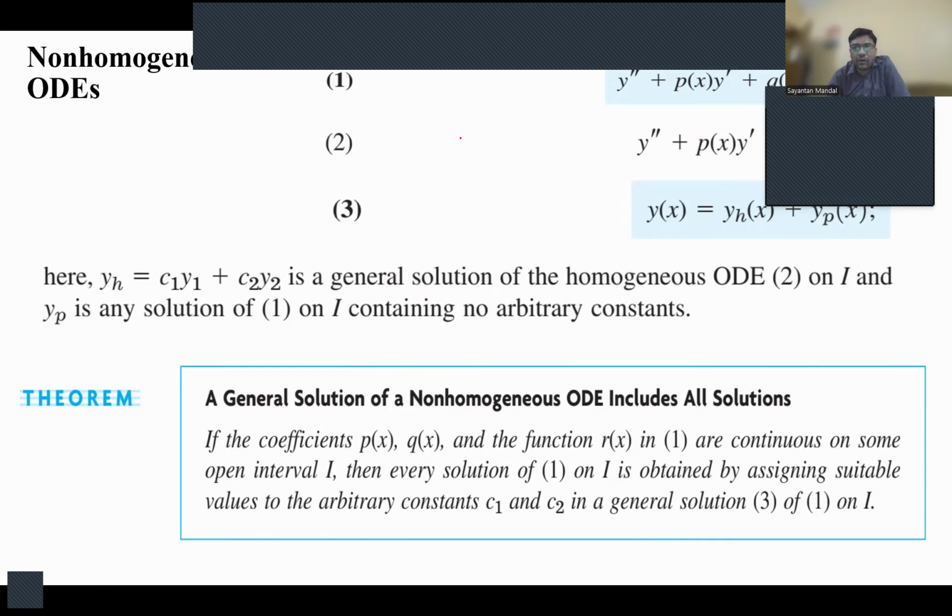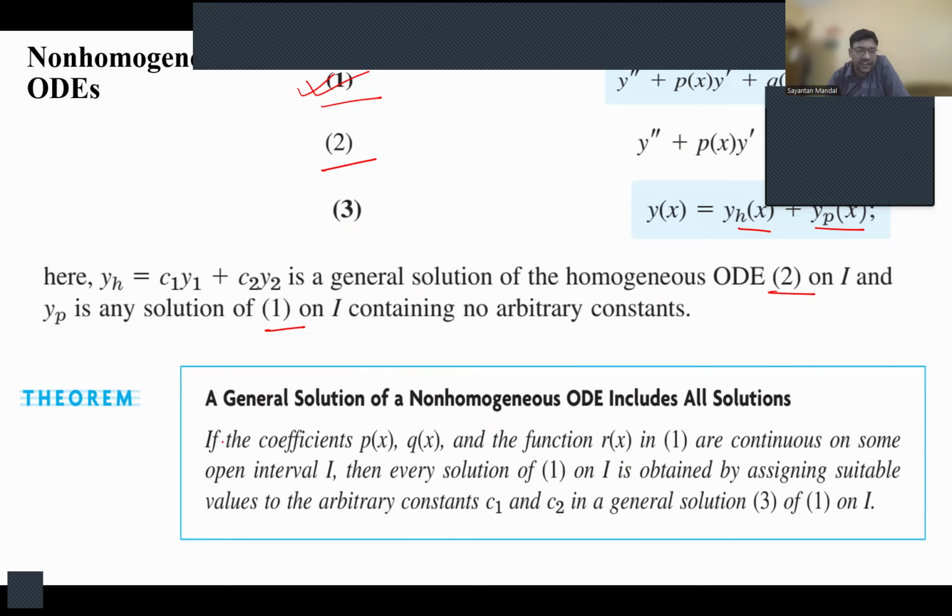Here we have written all the equations once again. Equation number one is the non-homogeneous equation. Equation number two is its corresponding homogeneous counterpart, and three, y(x) is yh plus yp. Here yh, which is c1y1 plus c2y2, is the general solution of 2, and yp is any solution of the non-homogeneous equation 1.